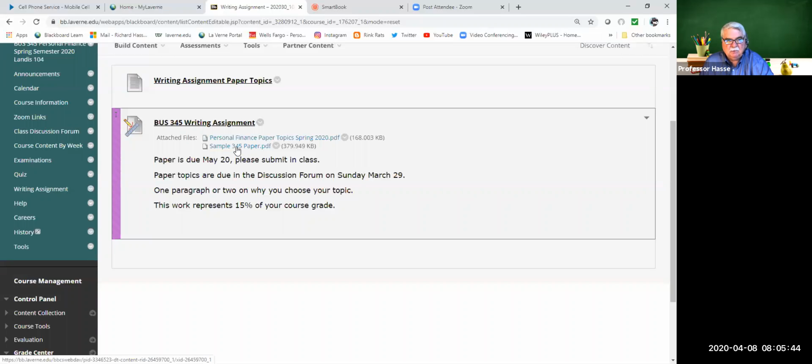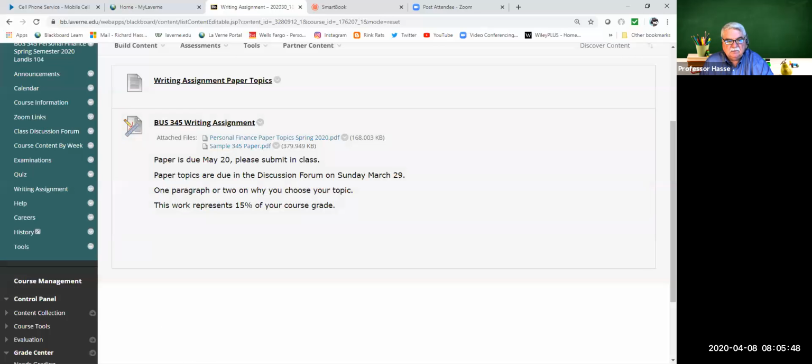This sample paper might help some of you understand what you need to do. As you can see, this is an APA formatted paper with a title page, an abstract explaining what the paper is trying to determine, and then the analysis and the explanation of the paper topic.